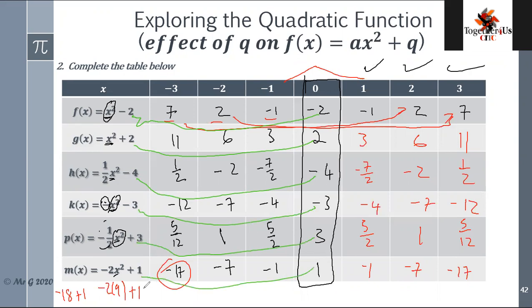Have you tried to think about that, guys? I hope you did. If not, it's time to give it a thought. Now, if you were to sketch this, you realize these are all y-intercepts. This is where the graph cuts the y-axis. And you'll also realize that this is actually the point where the graph is symmetric.